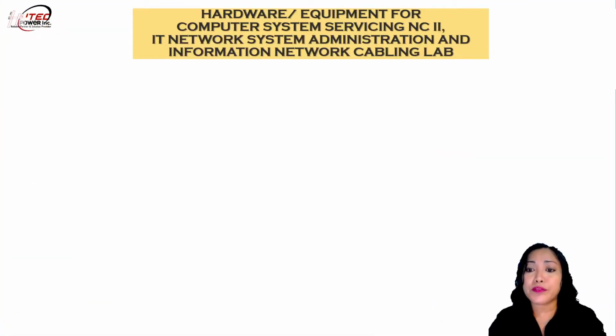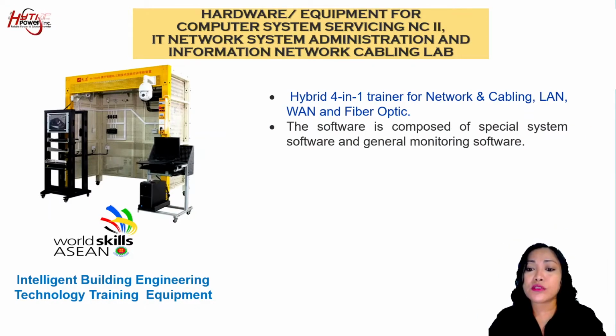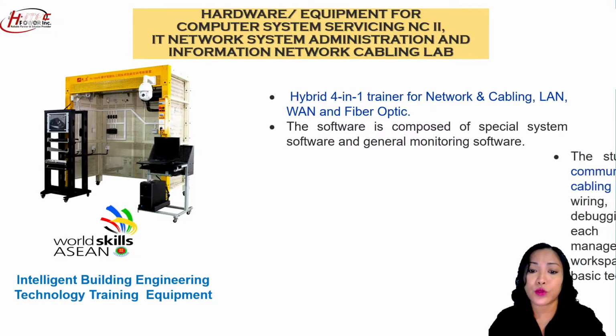Here are the equipment for computer system servicing, IT network system administration, and information network cabling. First is the Intelligent Building Engineering Technology Training Equipment, a hybrid 4-in-1 trainer for network and cabling, LAN, WAN, and fiber optic. The software is composed of special system software and general monitoring software.